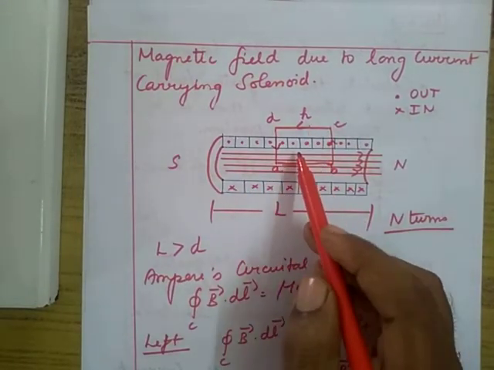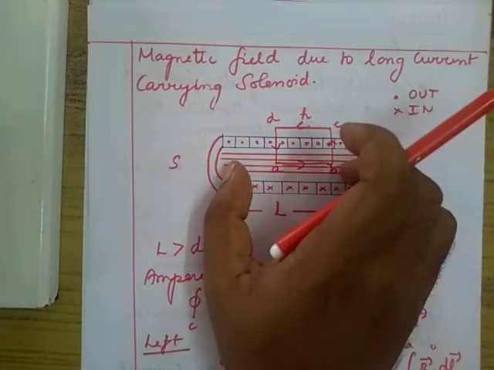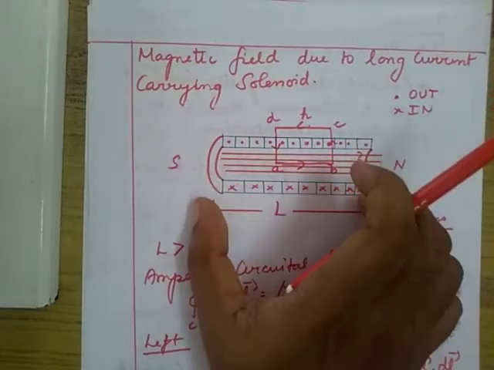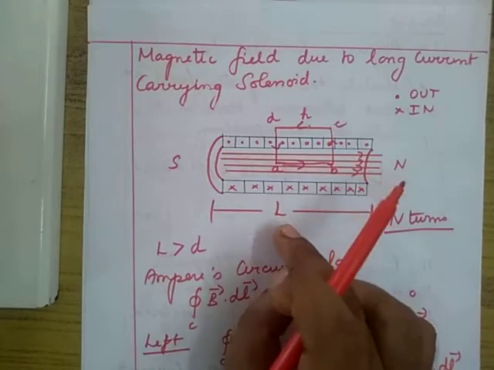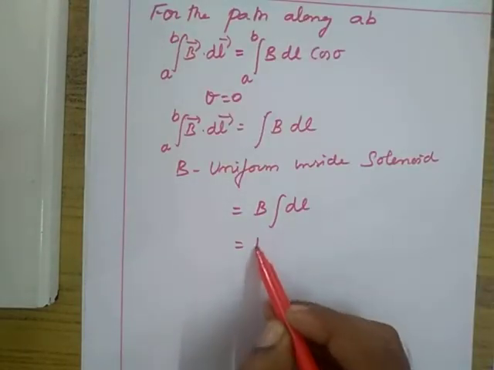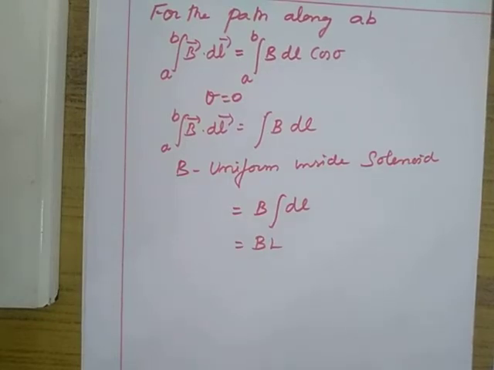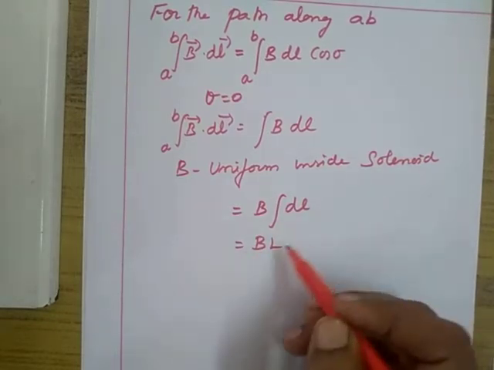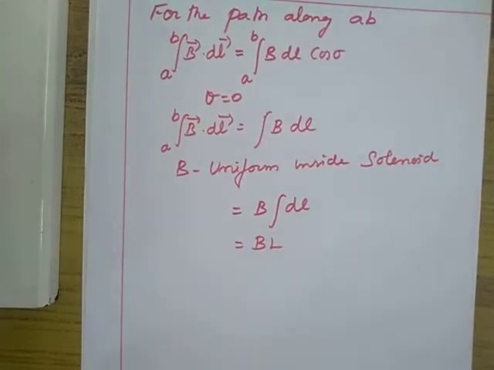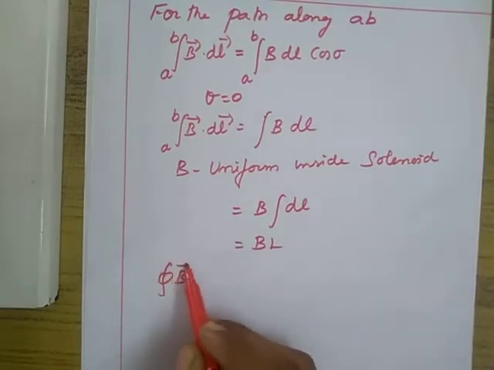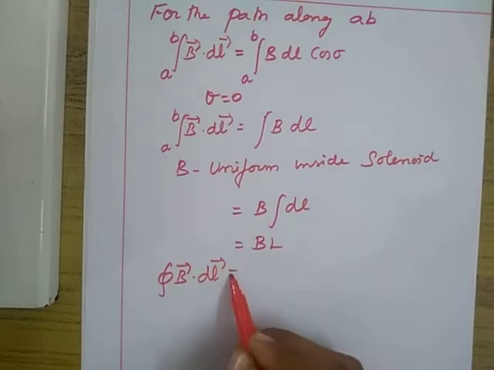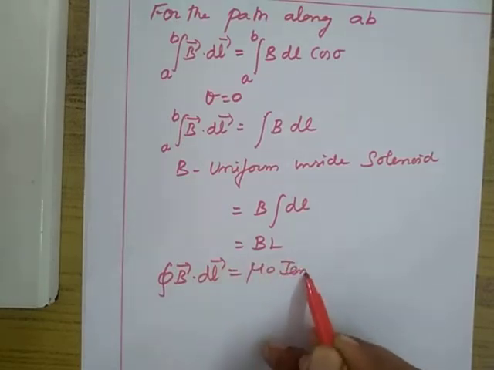Here, suppose I consider the Amperian loop length equal to the length of the solenoid. Okay, the length of the solenoid is L, then integrating dl we get L. Then the equation became BL. Equating with the right side of equation 1, we know the closed loop integral of B vector dot dl vector is equal to mu naught I enclosed.